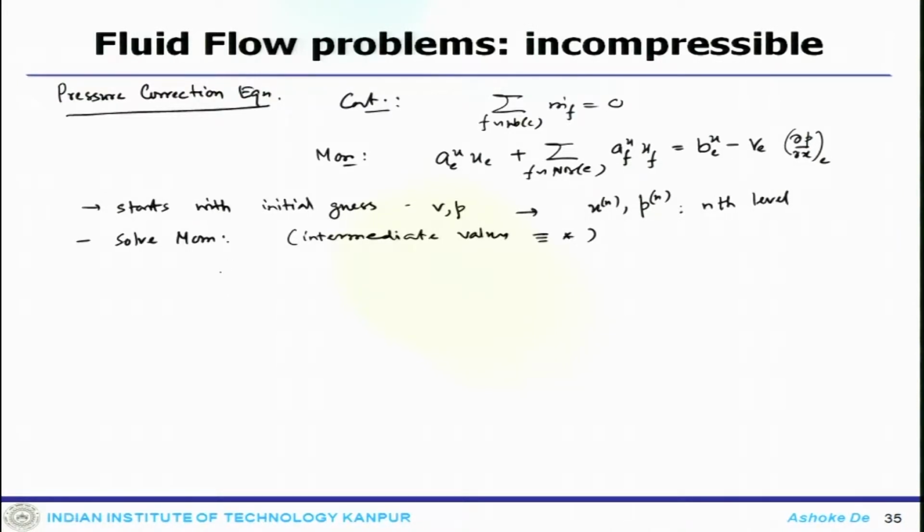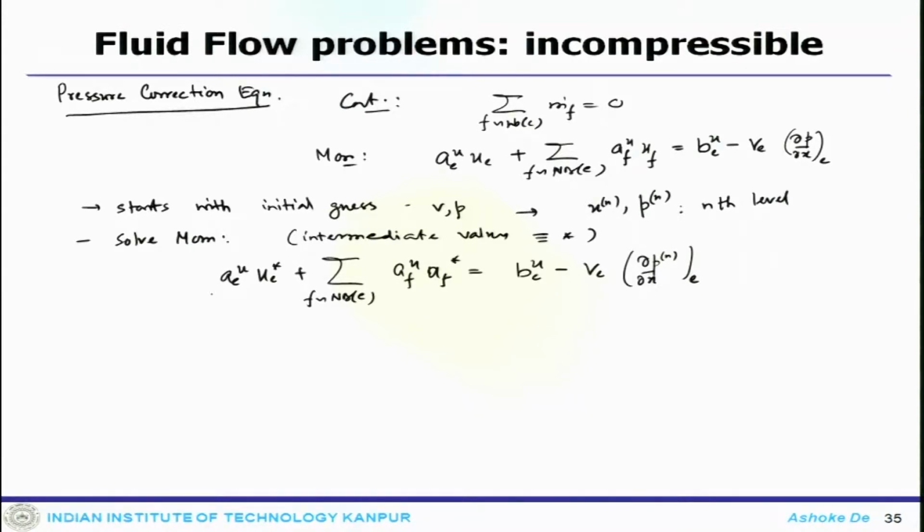So, when you solve that, it gives you AU U star plus summation over neighbors of AF U UF star equals BE U minus VE del P by del X at nth level, at face E. The pressure field is still based on the values from the previous iteration.